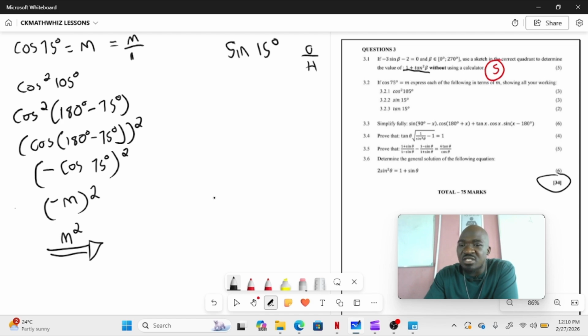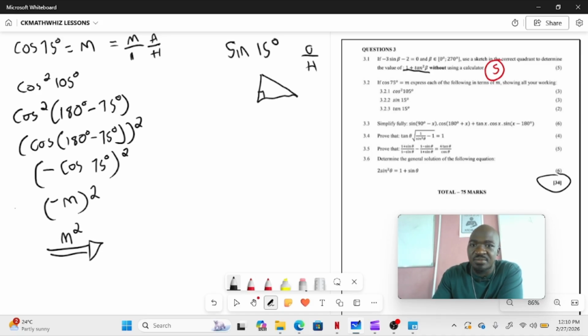And m over 1 tells us that it's cos, which is adjacent over hypotenuse. So meaning that our hypotenuse, we know for a fact, is 1, right? Then m is our adjacent side.